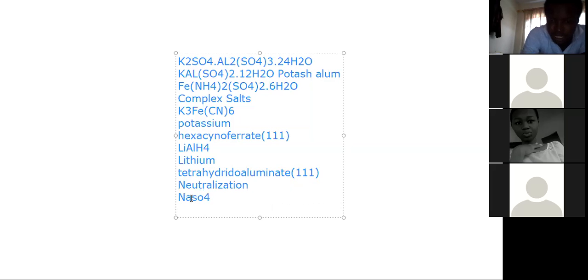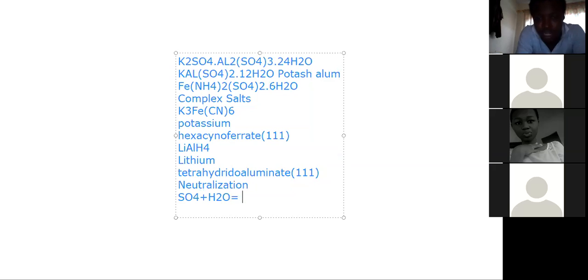So if I take this SO4, it is a non-metallic oxide. It has no metal in it. Now, when it is dissolved in water, it gives us an acid.